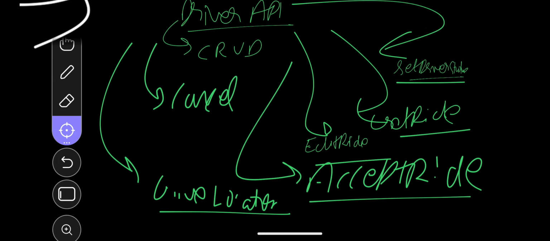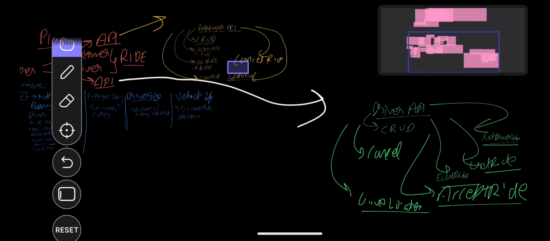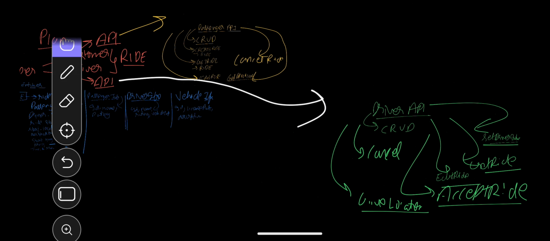So we have defined both APIs, right? We have defined the passenger API, then the driver API. We have defined the entities that were needed, the 4 entities here. So yes, that's it. I think that is how you design an API.